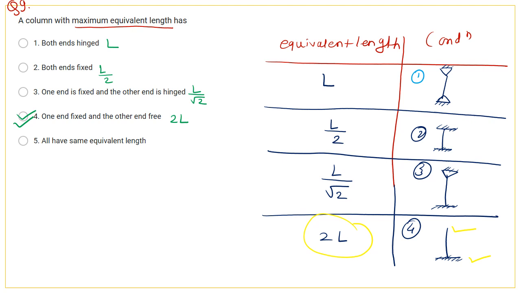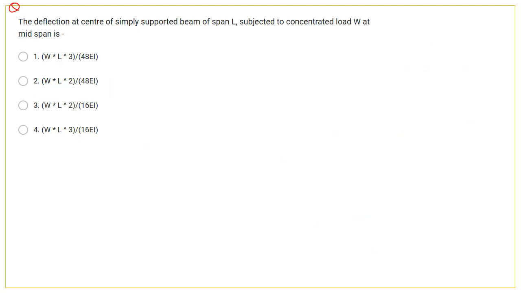The next question is question number 10. The deflection at center of simply supported beam of span L which is subjected to concentrated load W at its midspan. Okay, so there are different conditions of the beams with different loadings for the slope and deflection. So first we'll see the conditions.